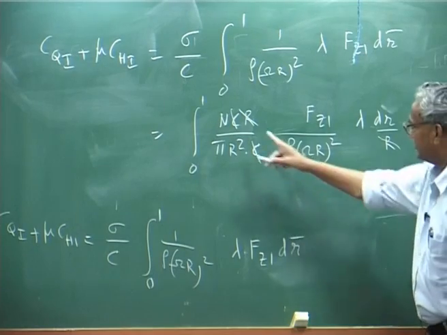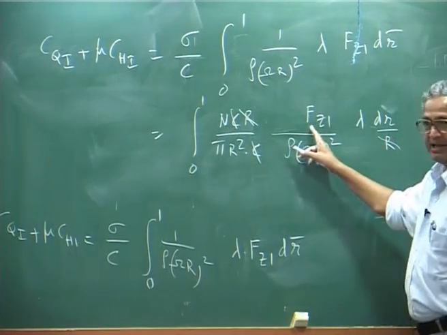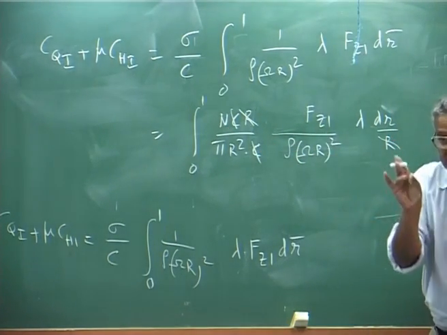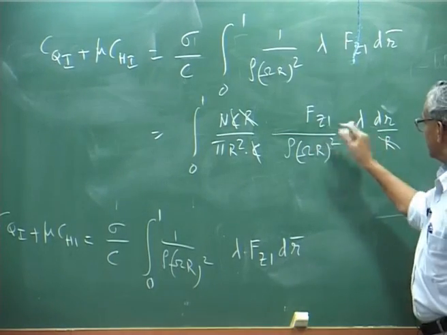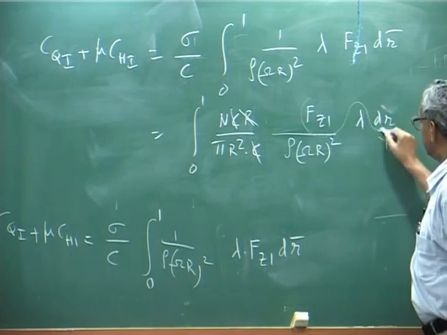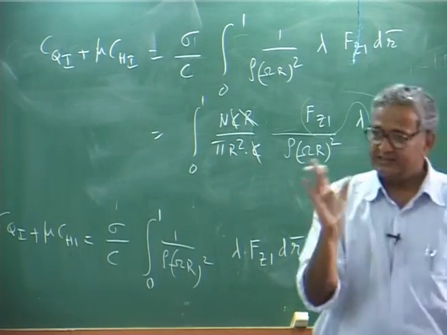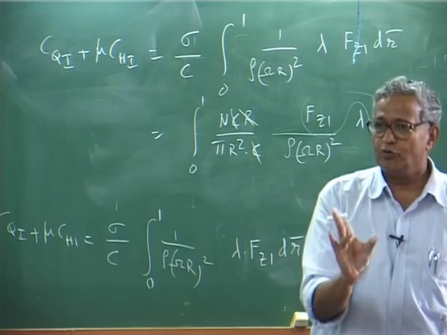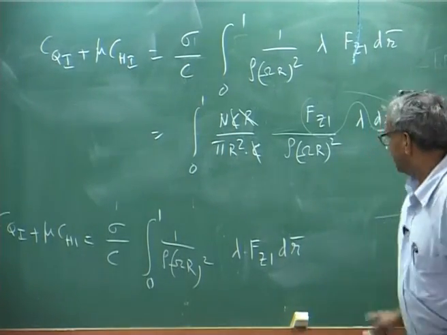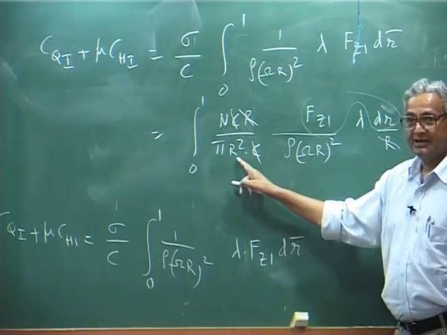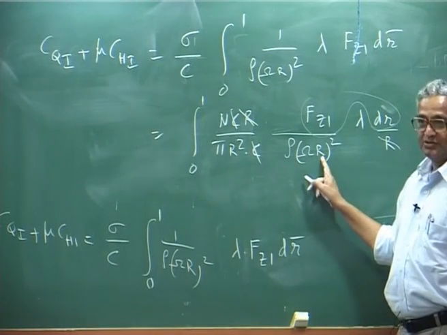You will have N F_z1. F_g1 dr is the force per unit length into dr, that force divided by rho pi r square omega r square.